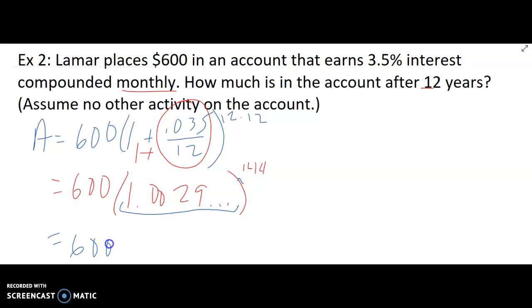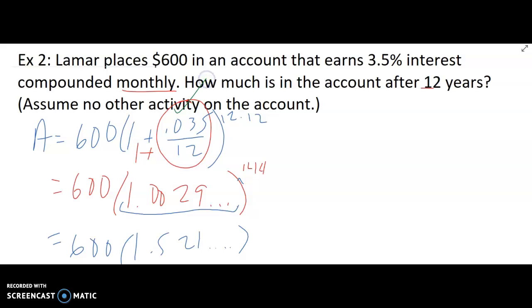So now I have 600 times 1.521, blah, blah, blah, and then we hit times 600. The nice thing about your calculator is it keeps all the decimal points, so you never have to round. You just keep those numbers in and do the next step in your order of operations.